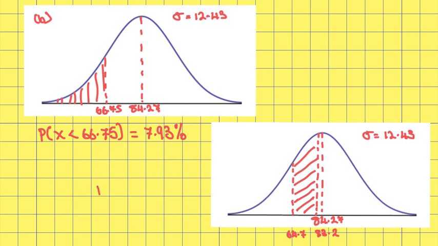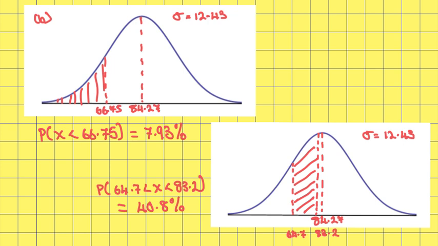So the probability that x is between 64.7 and 83.2 is equal to 40.8%.